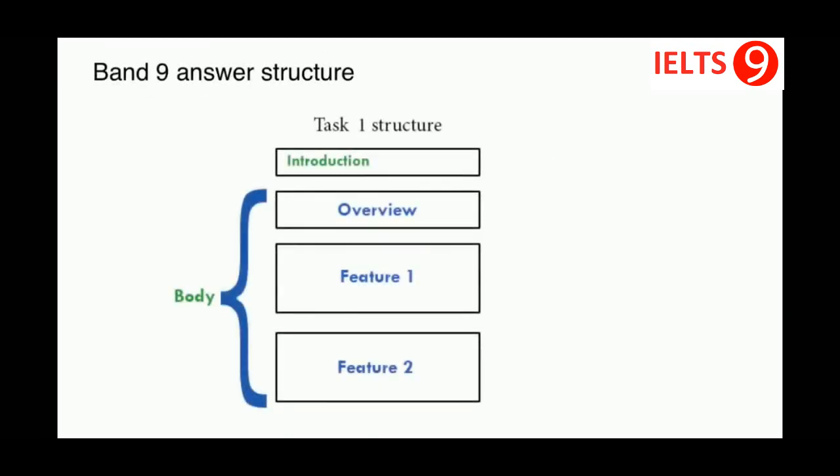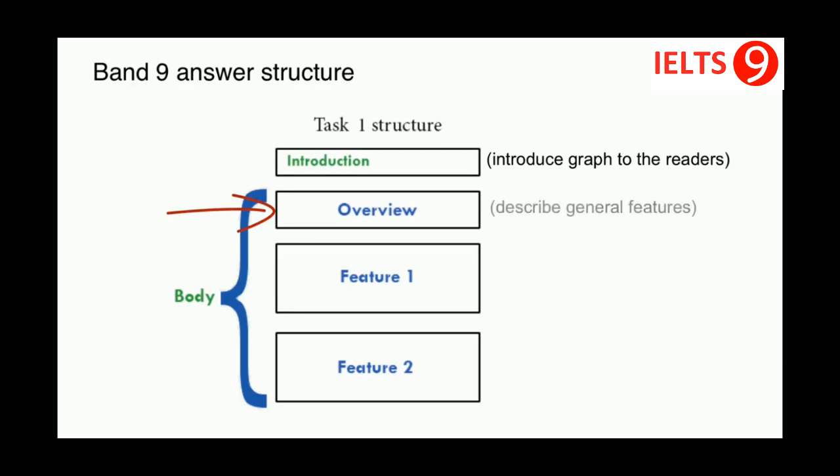And here's the Band 9 answer structure that we described in the previous lesson. You can see a link for the lesson on the right. In any case, if you are answering an IELTS Writing Task 1 question, you can get a Band 9 for your answer by following this ideal answer structure. Your first paragraph is an introduction. You should introduce your graph to the readers there. Your second paragraph is an overview.